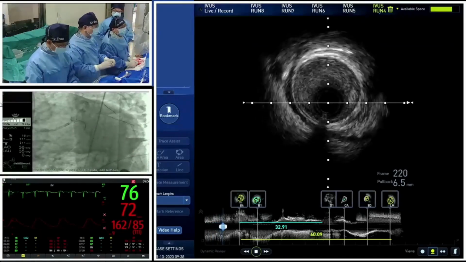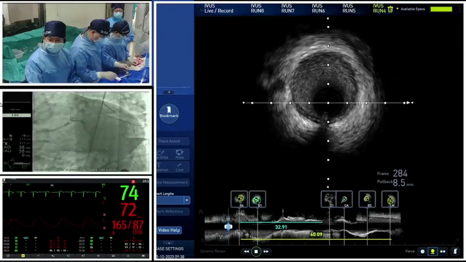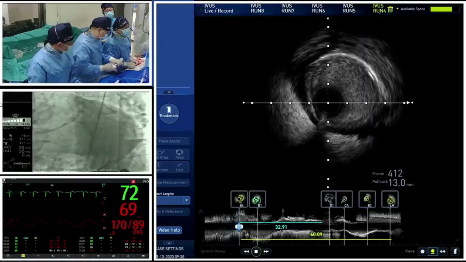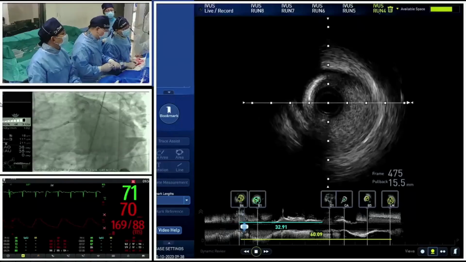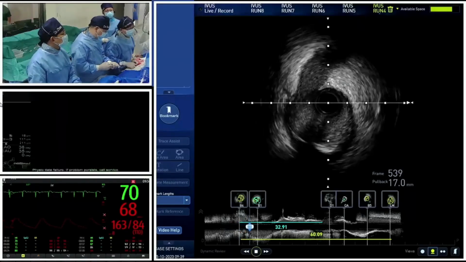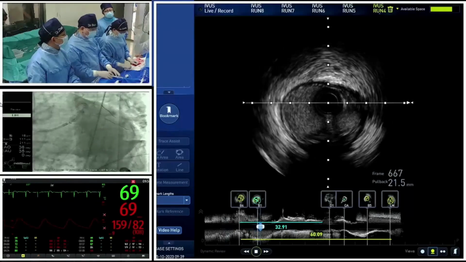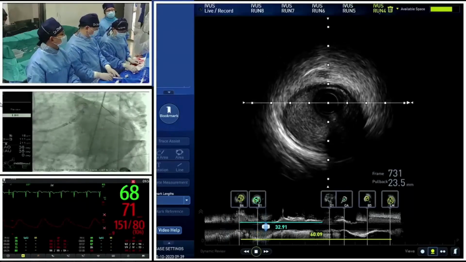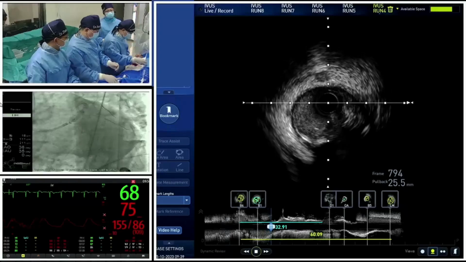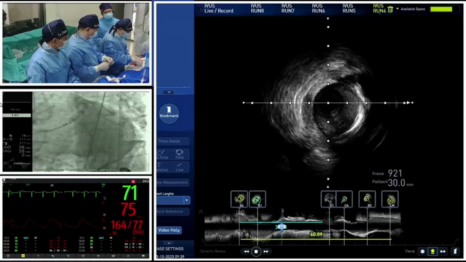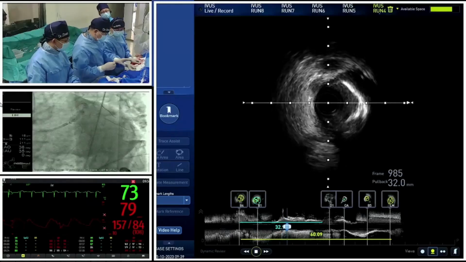Okay, just like the CT shows us, we can see the IVUS image of LAD. The distal part of the LAD is almost healthy, but in the middle part of LAD, there's heavy plaque, some soft plaques, but we can also see from here that there are some calcified plaques.